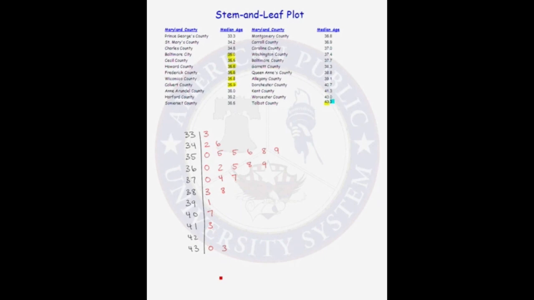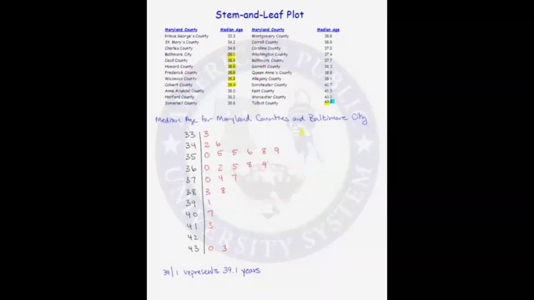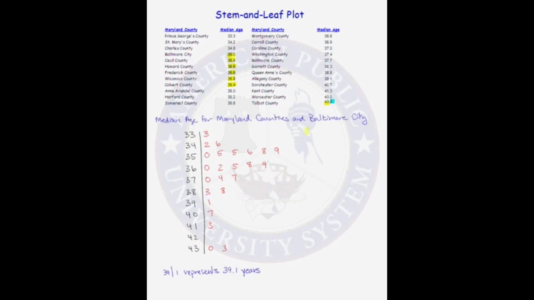Now we need to add the 2 things that must be included with every stem and leaf plot. You need a title describing what is being graphed, and you also need a key to let the reader know what the stem represents and what the leaf represents. So let's do that now. Our title is Median Age for Maryland Counties and Baltimore City.